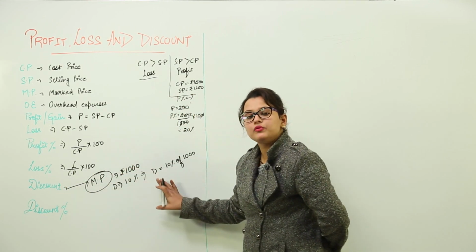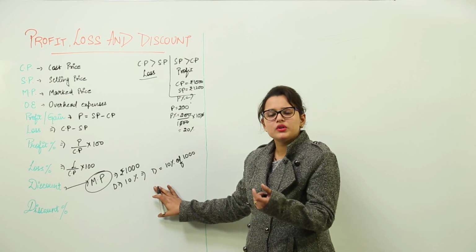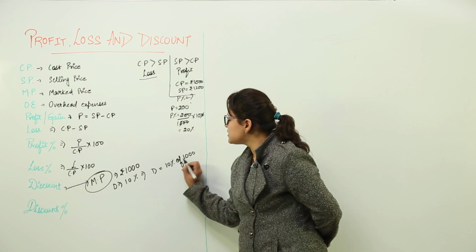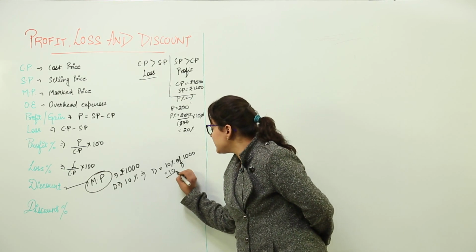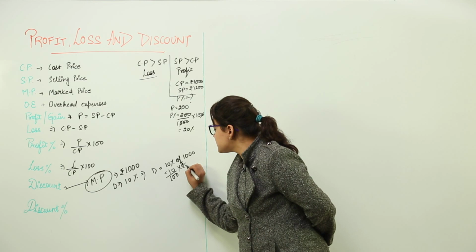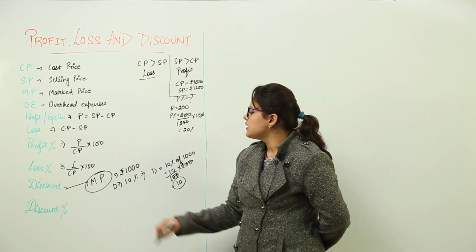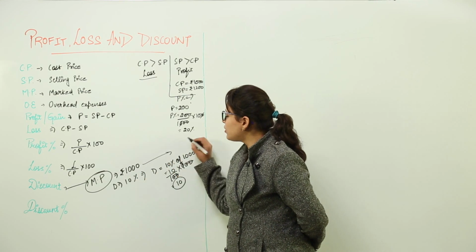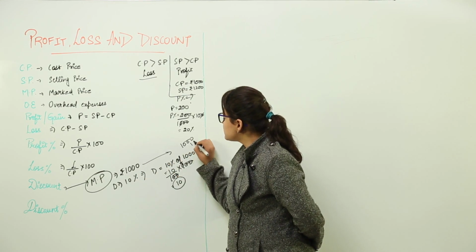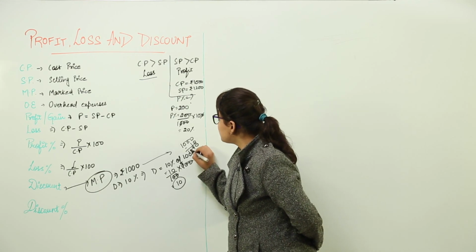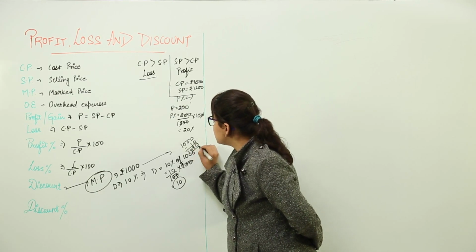That means when you have to calculate how much discount you are getting on that 1000 rupees shirt, you do 10% of that 1000, you will get 10 over 100 into 1000, giving you rupees 100. That means this shirt will be sold to you at what price? 1000 minus 100, that is 900, right?